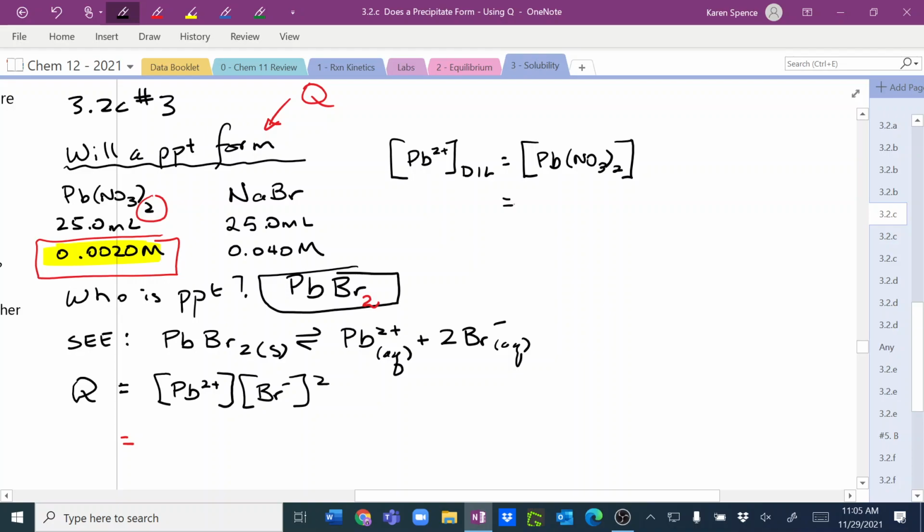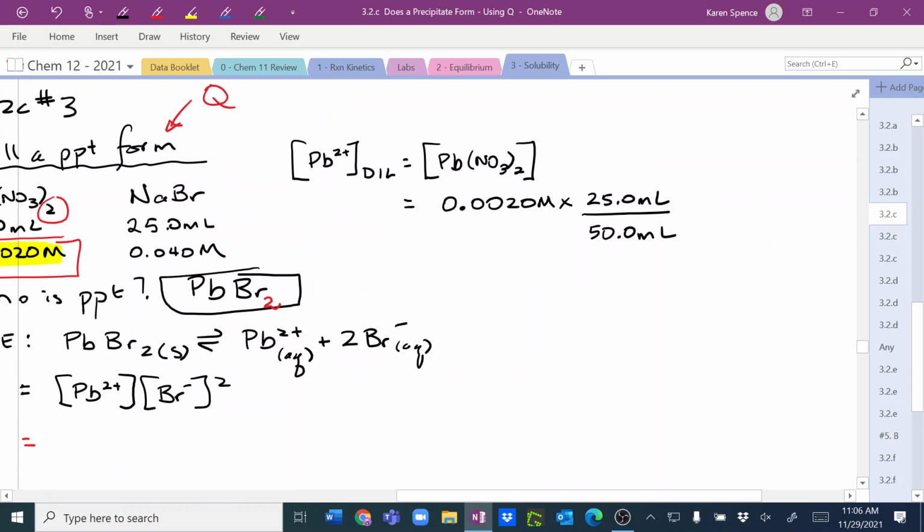And that is going to be our old concentration times our old volume, 25 milliliters, over our new volume, which is going to be 25 and 25 is 50. If you like solving for your dilution some other way, that's perfectly good. This is my preferred method, but you can use anything you choose. And we get 0.0010 molar Pb2+.